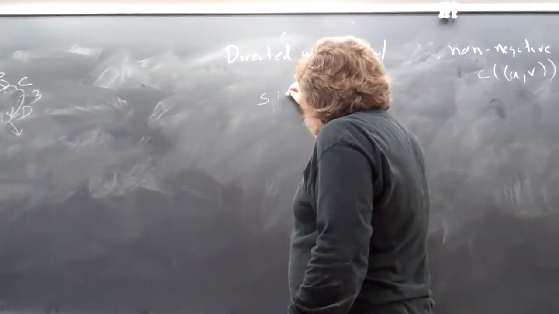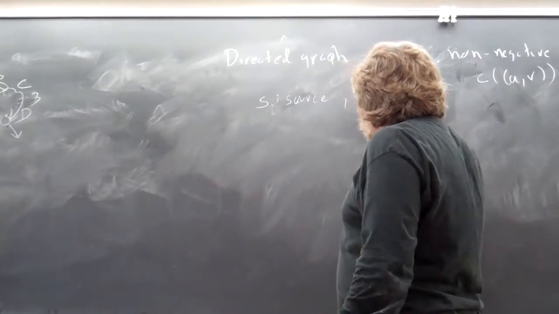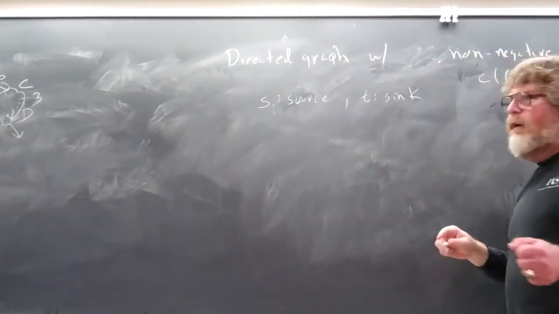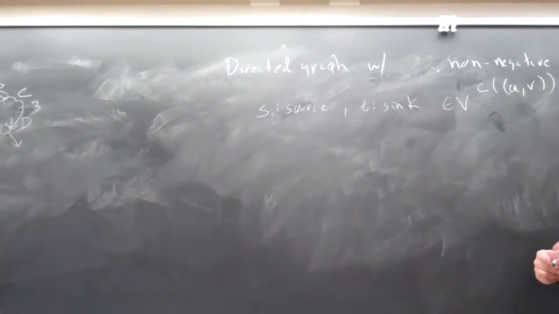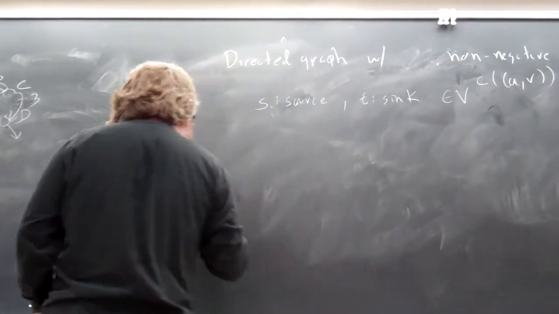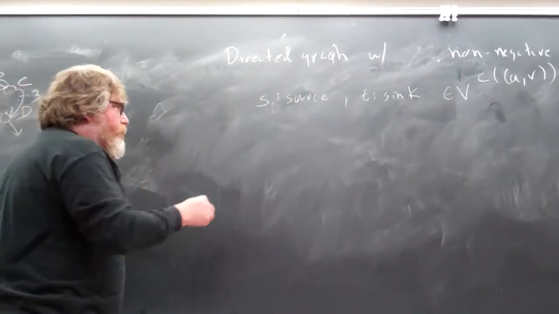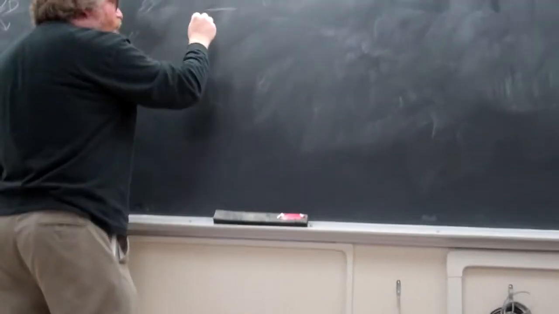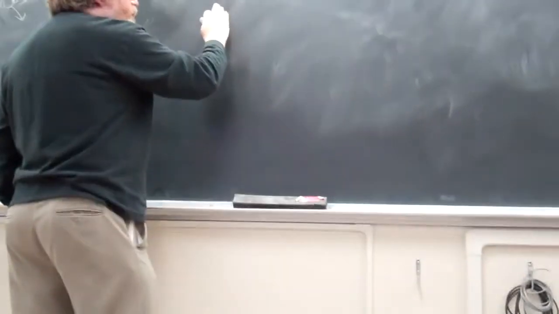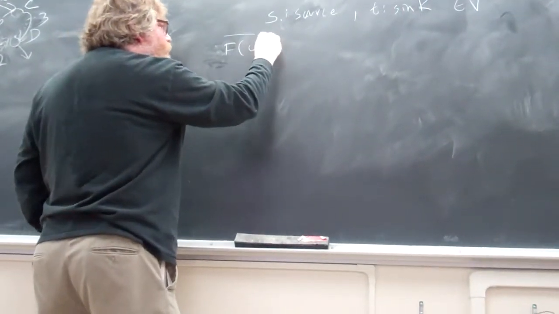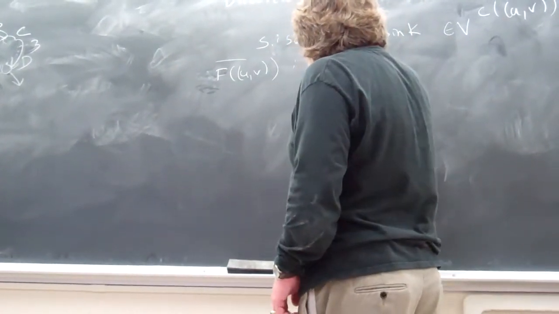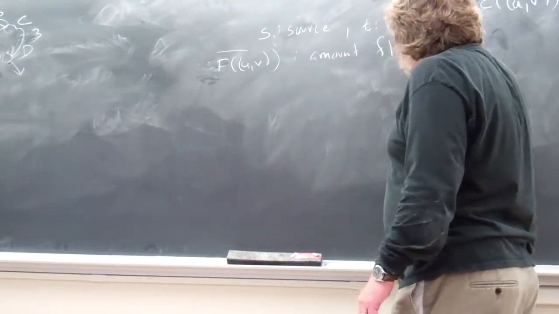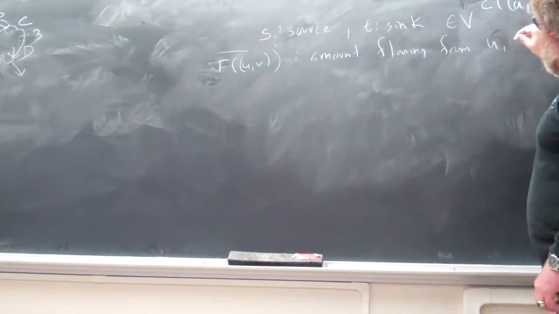S is called the source, and T is called the sink, and they're both in the set of vertices. The type of object is a flow. It's going to assign, for every directed edge, an amount flowing from U to V.